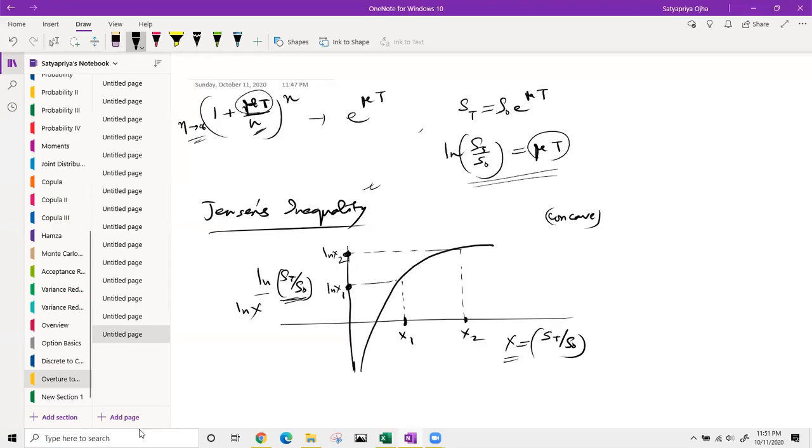And the average value of the function would be here, this point. This point corresponds to the average value of the function. Agree? What is the function of average value? x1, x2, this is the average value, average x. This is the expectation of x.